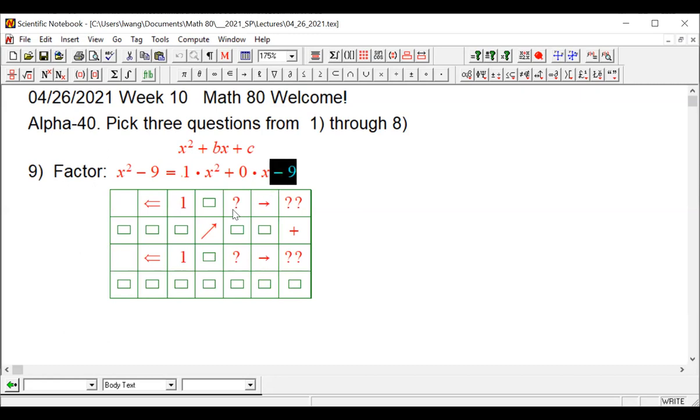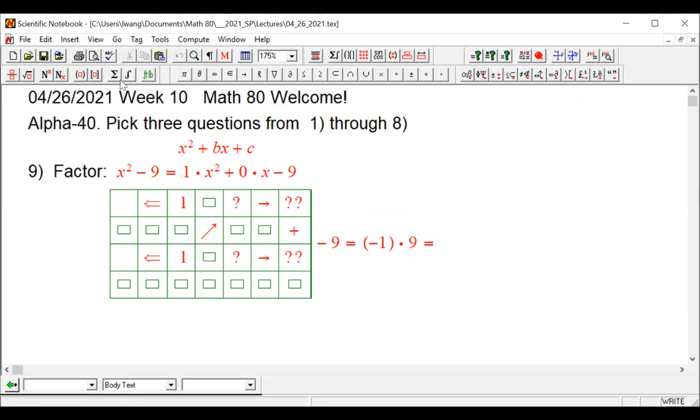Negative 9 can be written as 3 times negative 3, negative 3 times 3. Negative 9 has all these different ways of getting it, right? We can write it as negative 1 times 9.